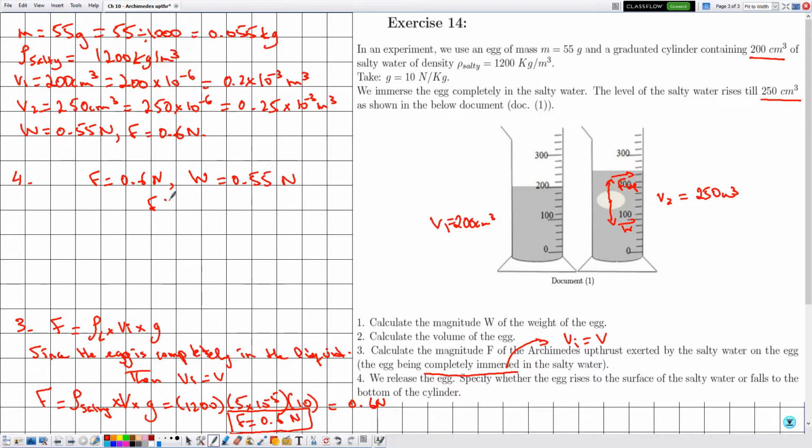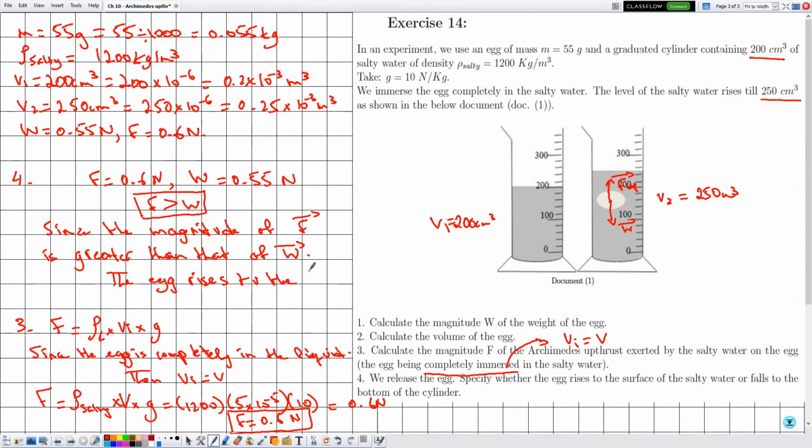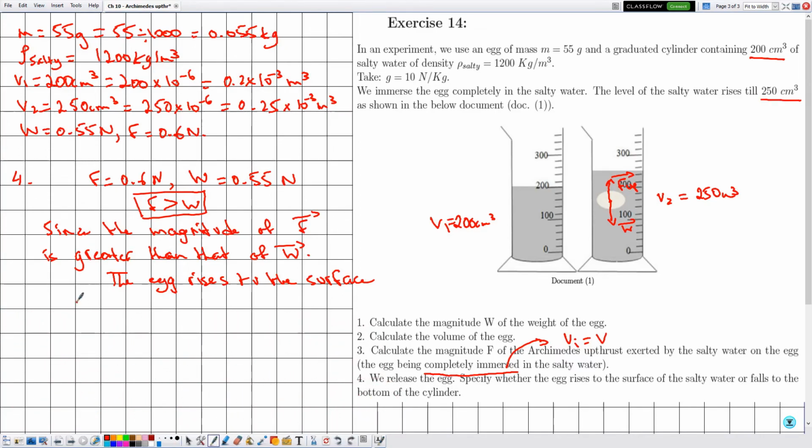So in this case F is greater than W. Now since the magnitude of F is greater than that of W, for this reason the egg rises to the surface of salty water.